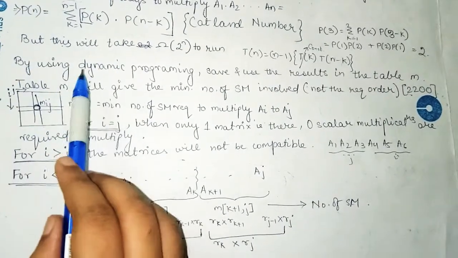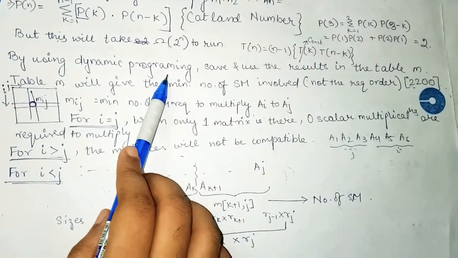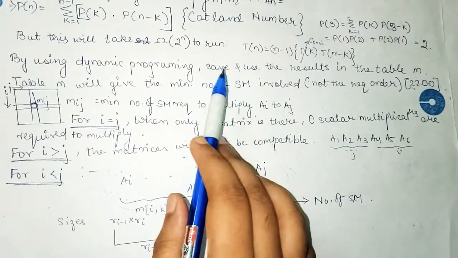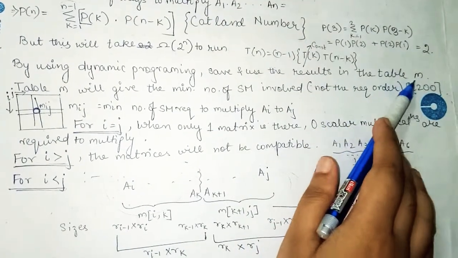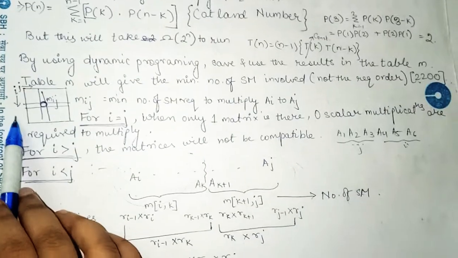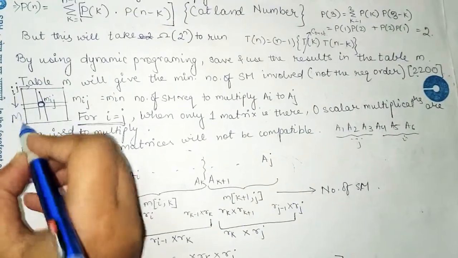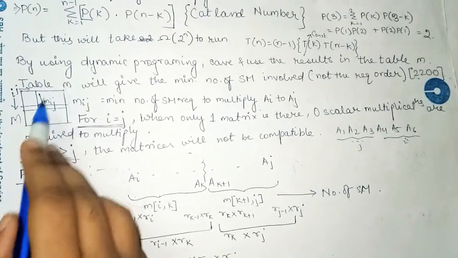So we will solve this MCM algorithm by using the dynamic programming approach, where we will save and use the results stored in some table named M. We have a table whose name is M, and this is i and this is j.